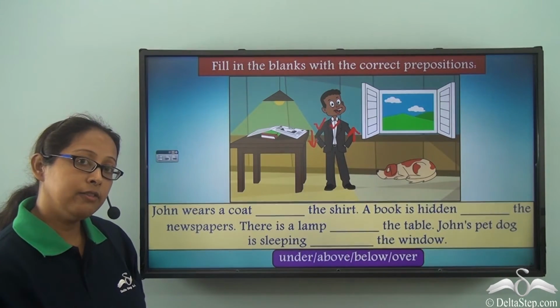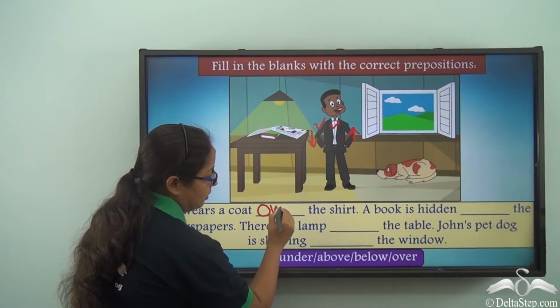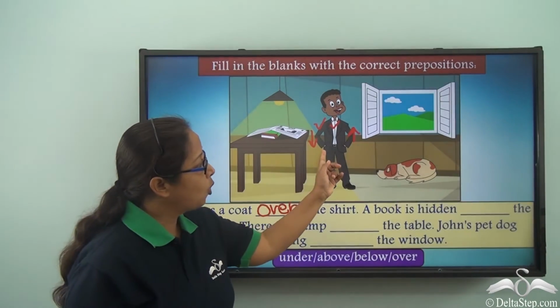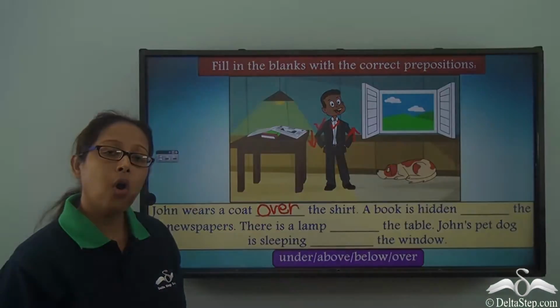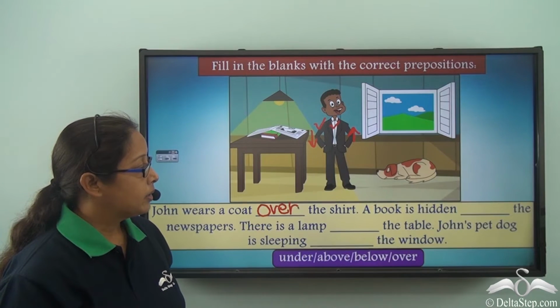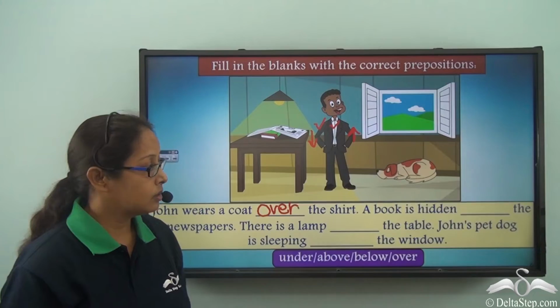So what can we use? Can we use over? Yes, this is his coat and he is wearing it over his shirt, or the coat is covering the shirt. So over is the correct answer for this sentence.